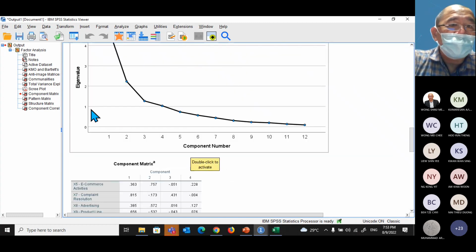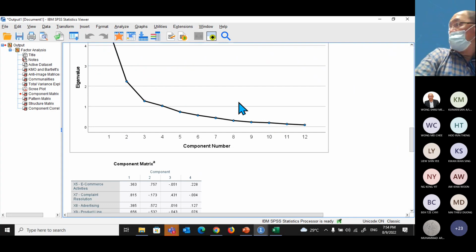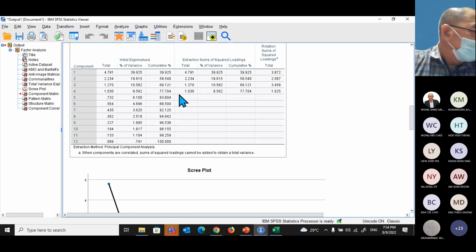You see the cutoff point is here, 1. Therefore the rest are all below 1. Means we only take the first 4 components, means the first 4 factors. Means these 4 factors link together and have higher correlation.